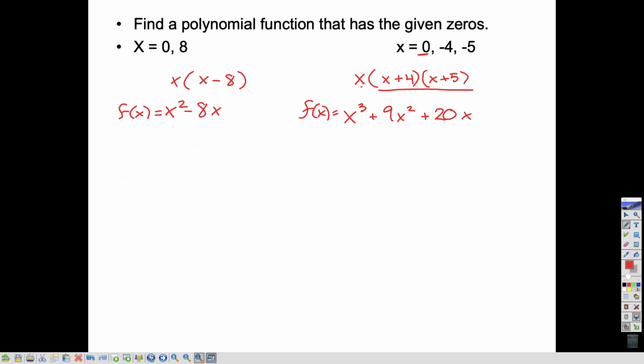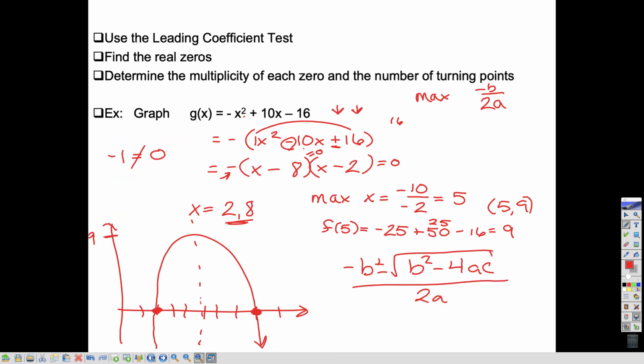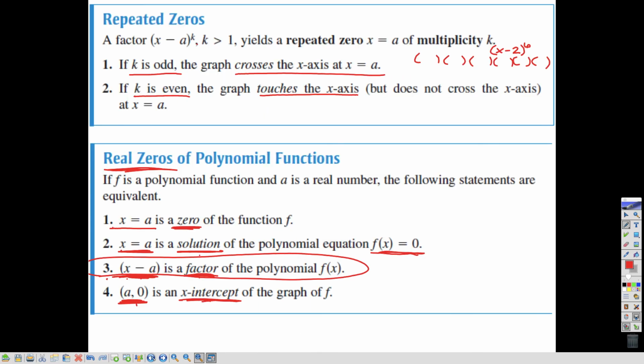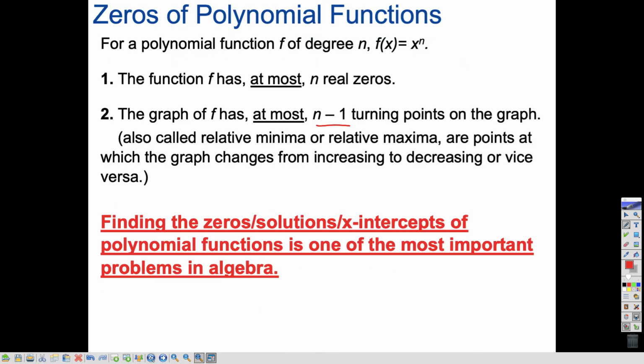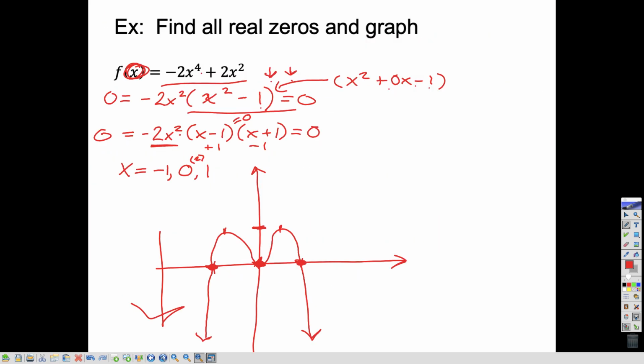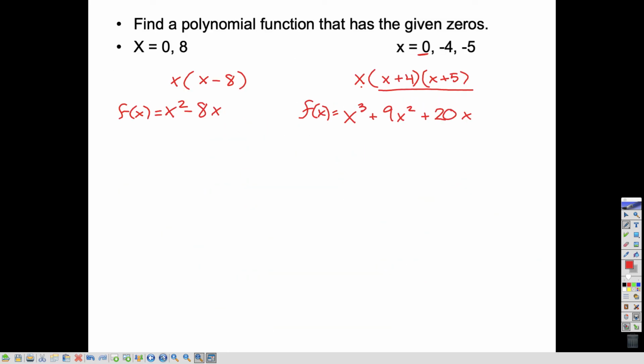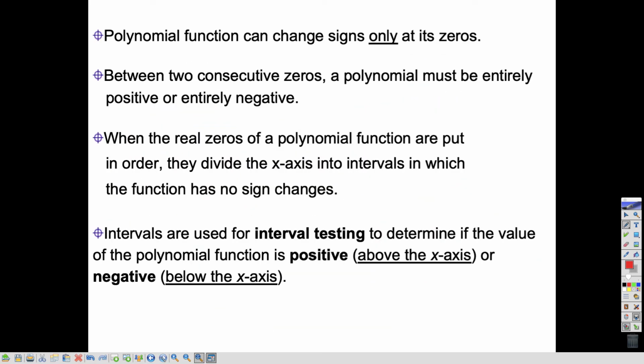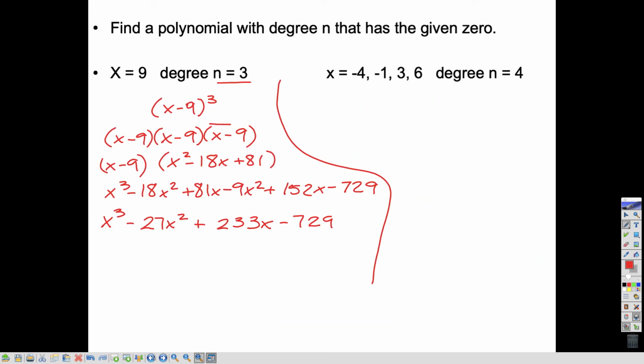I gave you a rule clear back at the beginning: with degree n, at most n real zeros. So if the degree was 4 and I gave you 4 zeros, are there going to be any double zeros? No. Here I said n was 3, and I only gave you 1 zero, so I had to add in 2 more.